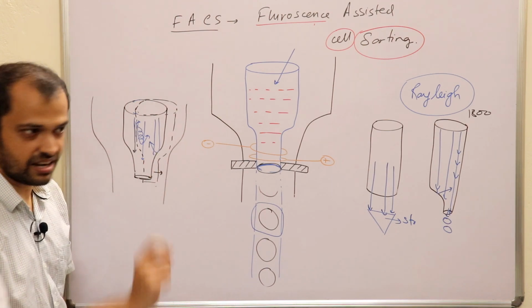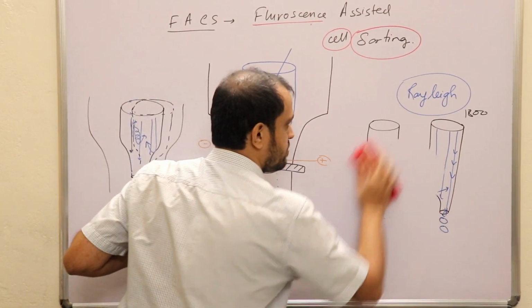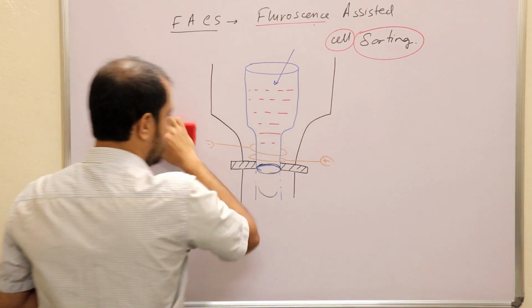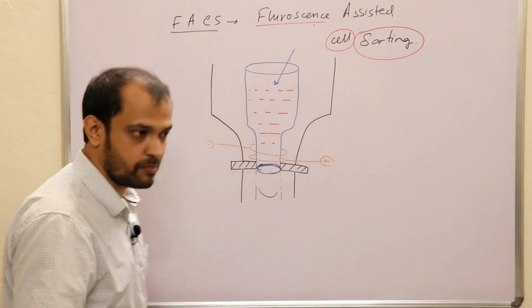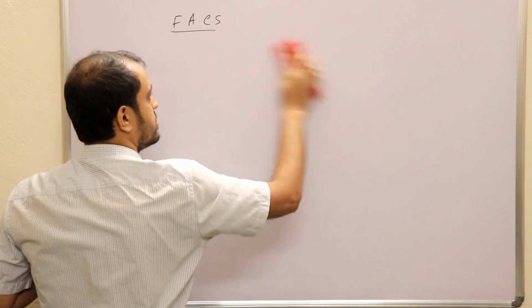Now listen, there are basic points you need to understand. High profile physics is applied here. High profile physics is applied in every part of the FACS system. What are those? Listen with all your attention possible.